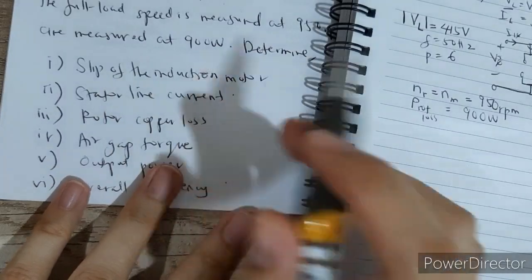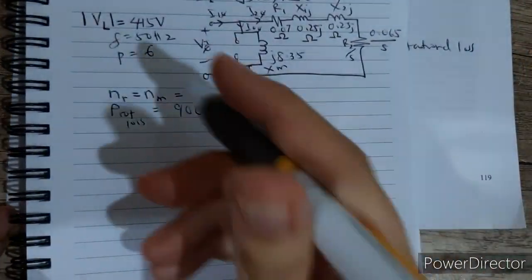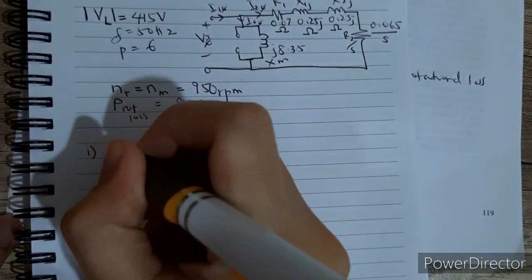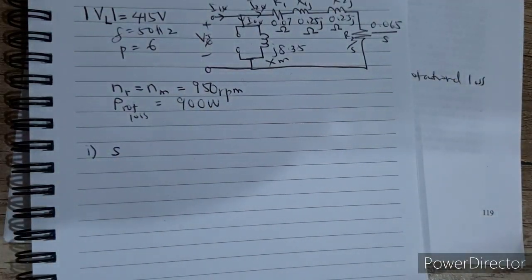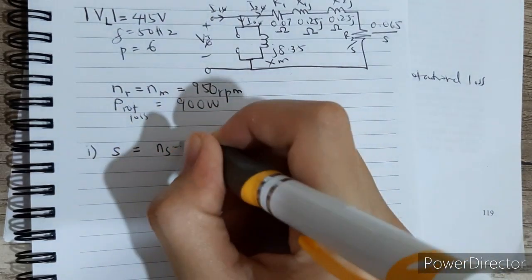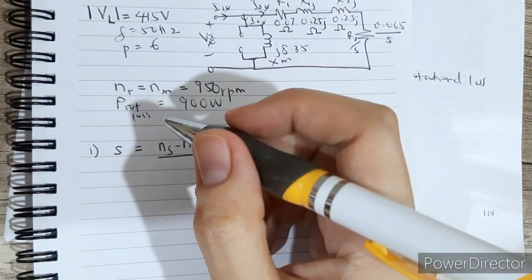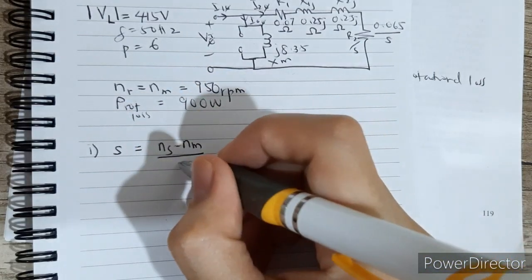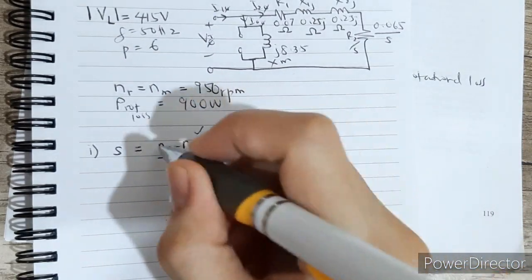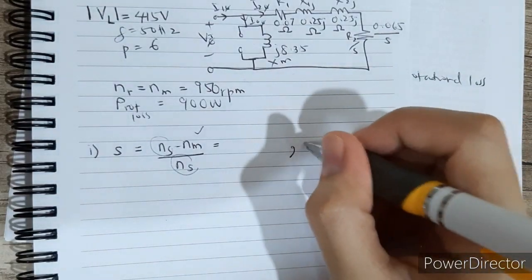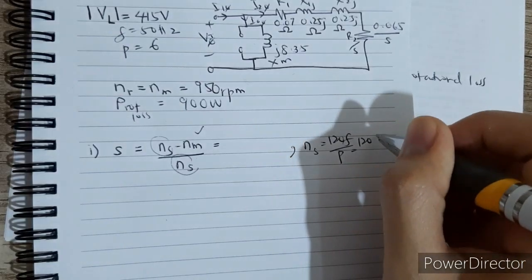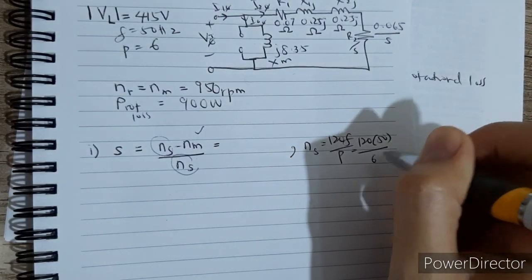Number 1, find the slip of the motor. Not slip speed, but slip. So for the formula for slip, you may refer to your slide. S equals Ns minus Nm divided by Ns. You have your Nm, but you don't have your Ns, right? So you need to find your Ns according to the formula 120f over P, that is 120 times 50 over 6.